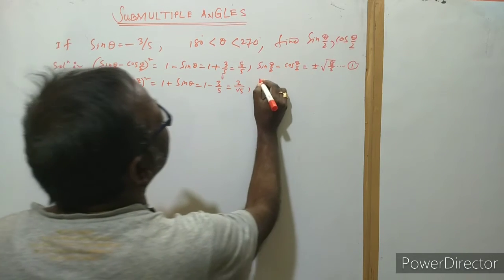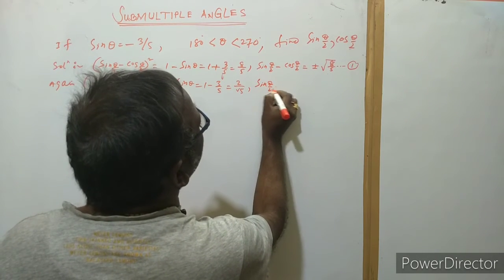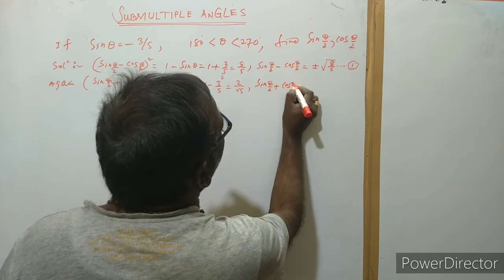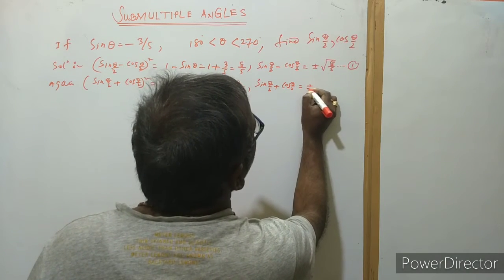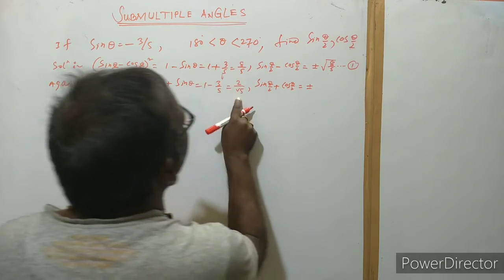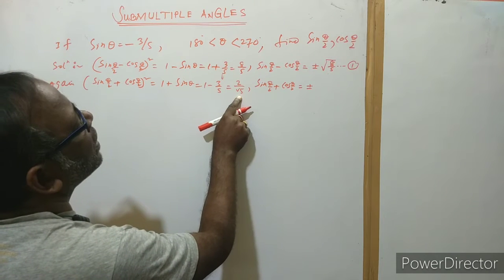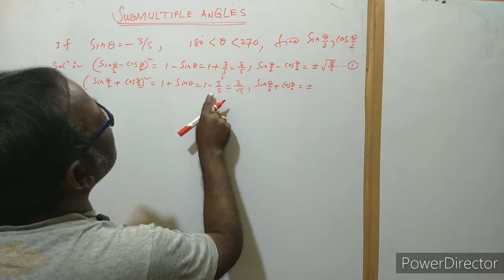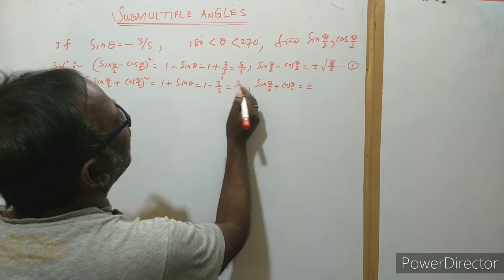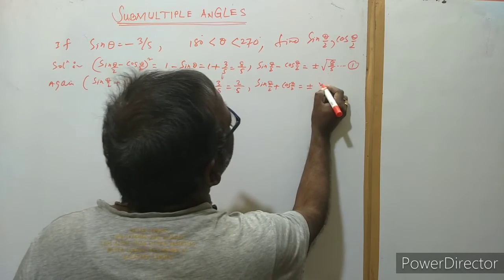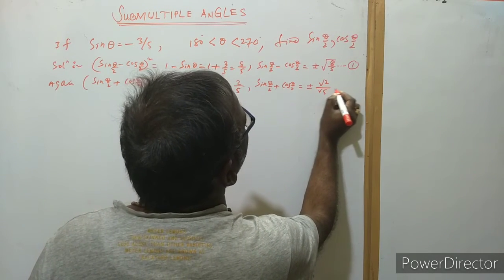Similarly we get sine theta by 2 plus cos theta by 2 equal to plus minus root 2 by root 5.